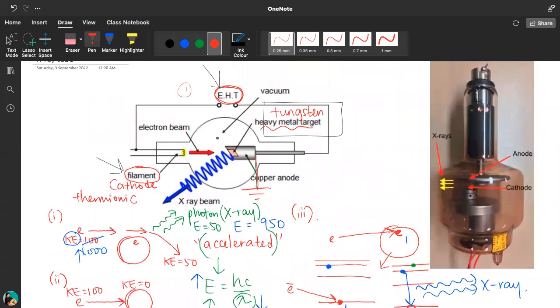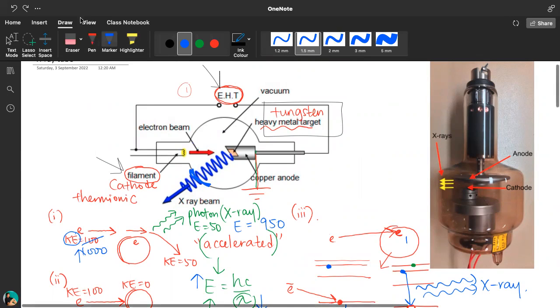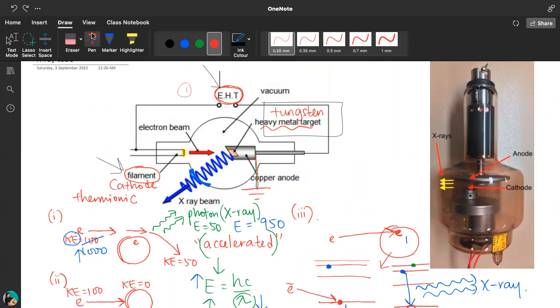The second way you can increase the hardness is by using a filter. You put it at the window here. When the X-ray is coming out, it passes through this filter. We use an aluminum filter. The function is to absorb the longer wavelength X-rays instead of the body absorbing it.